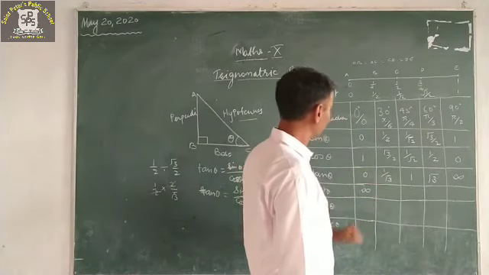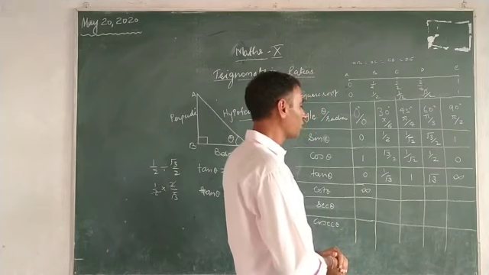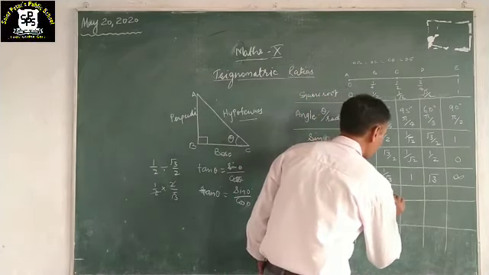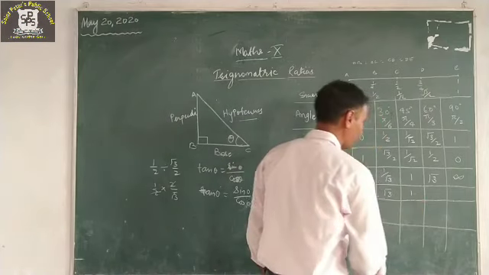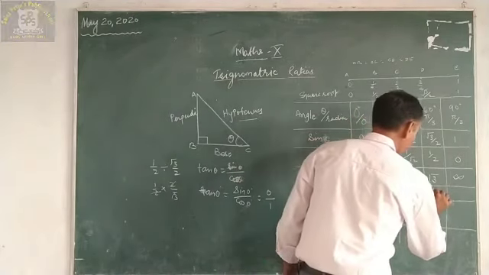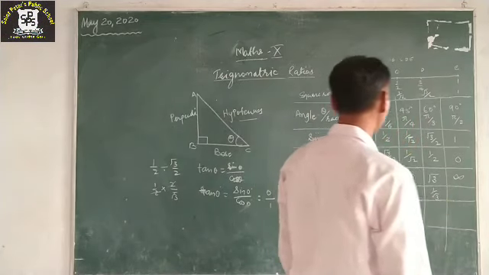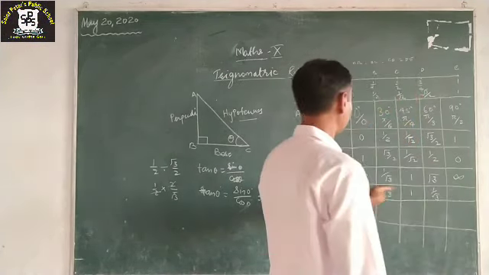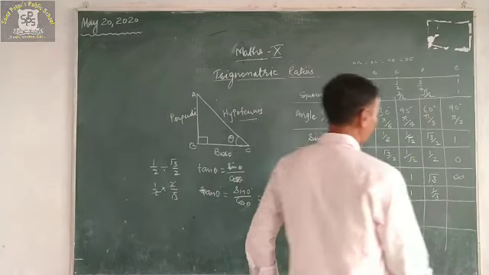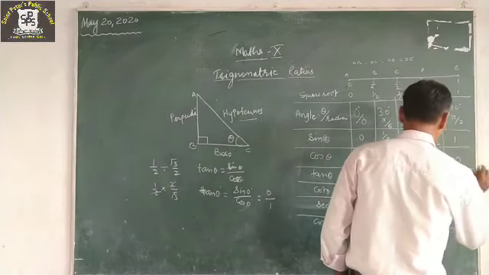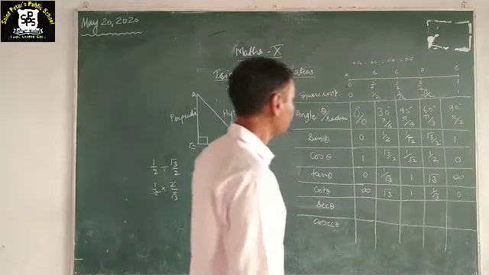The reciprocal of 1 upon root 3 will be equal to root 3, and that will be the value of cot 30 degree. The reciprocal of 1 is 1. The reciprocal of root 3 is 1 upon root 3. And if I take the reciprocal of 1 upon infinity, that will be 0. Okay.